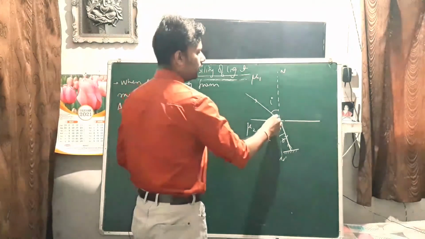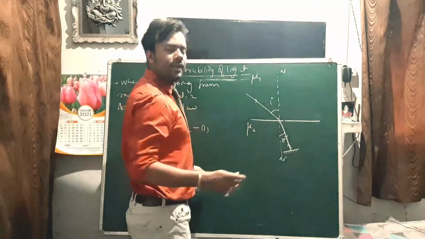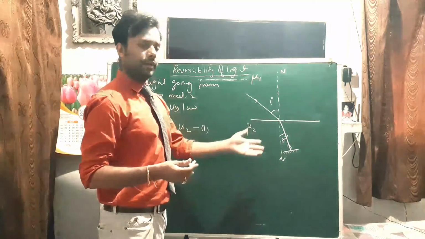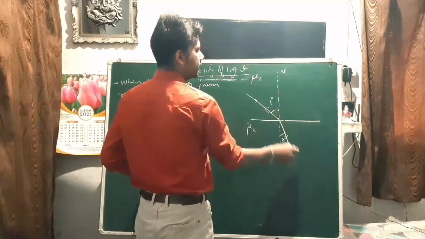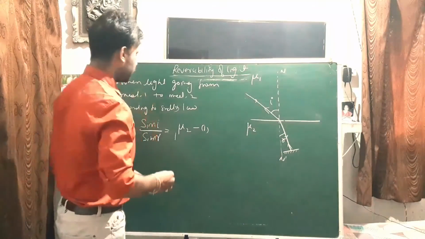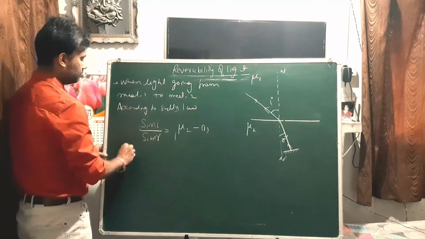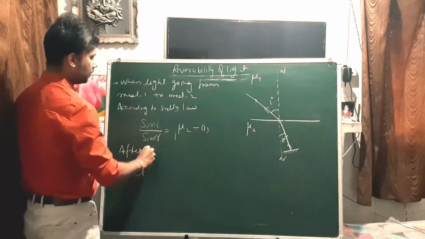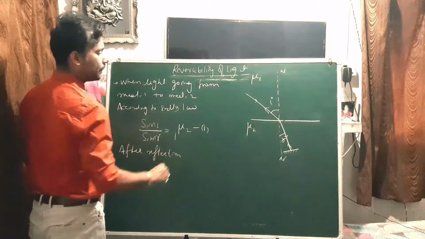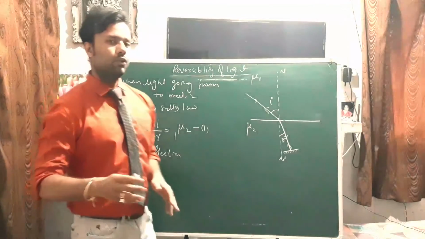It retraces the path. It means it continues the path from where it is coming, like this. Now in this case, after reflection, light is going from medium 2 to medium 1.